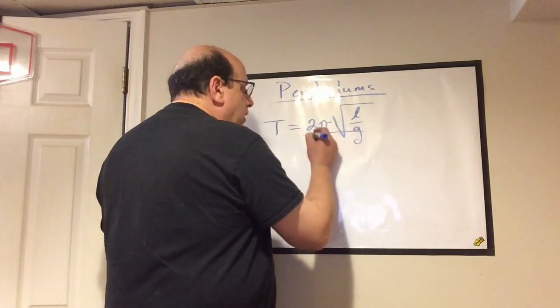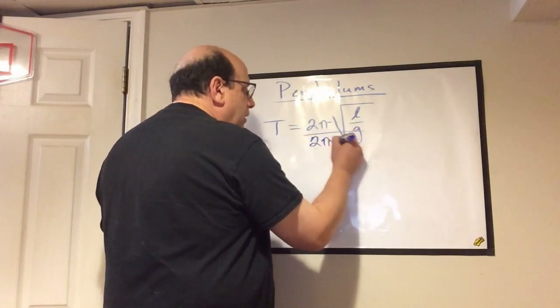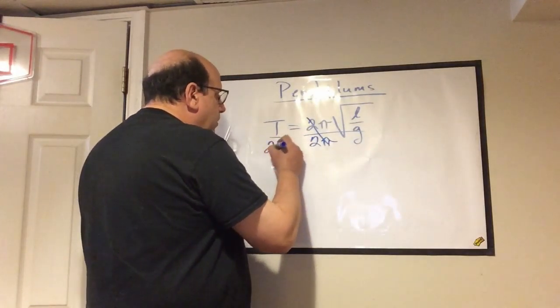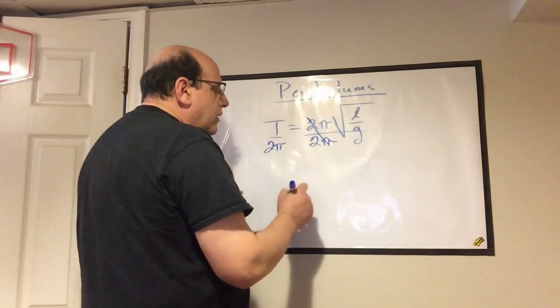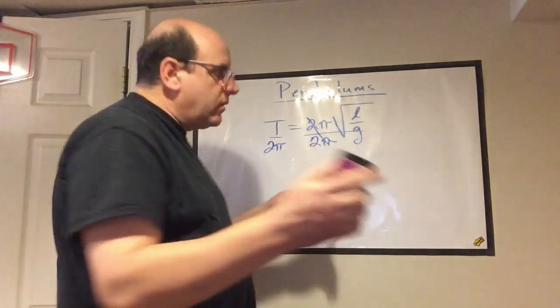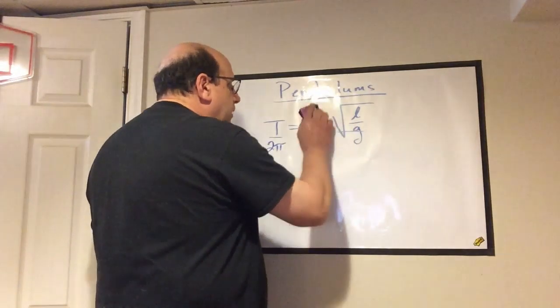So we'll go ahead and divide both sides by 2 pi. And that goes away. I know you would be doing this a little bit differently.